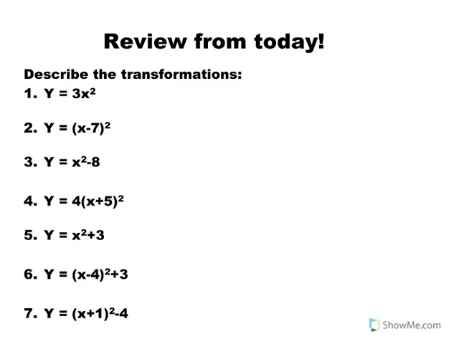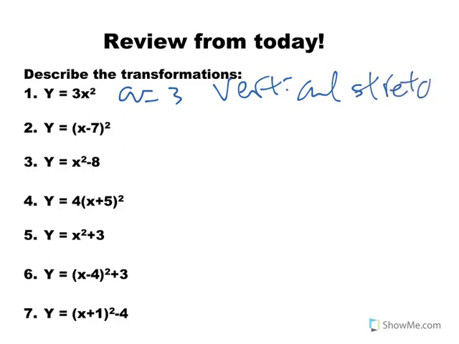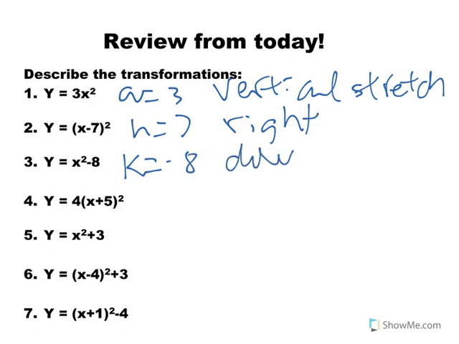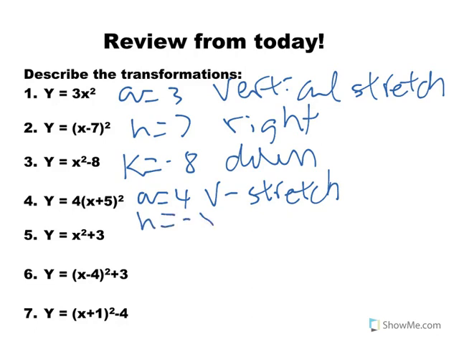Okay, so then here is the review, right, describe the transformation. So then a is a 3, so we have a vertical stretch, and then our h is a 7, so the graph shifts to the right, and k equal to negative 8, so the graph shifts down, and a is 4, so then we have a vertical stretch, and h is a negative 5, so the graph shifts to the left.